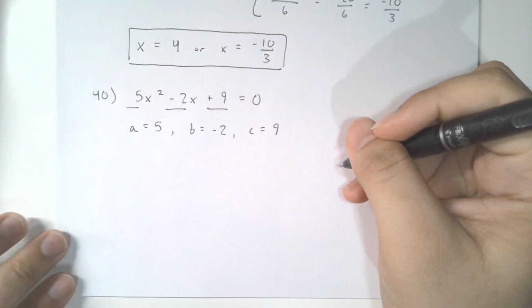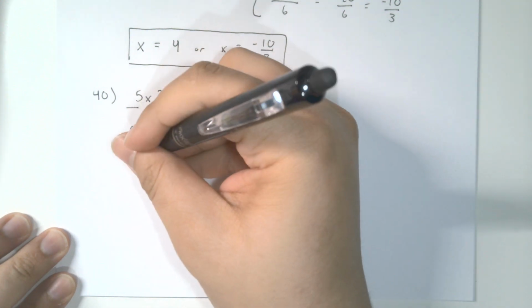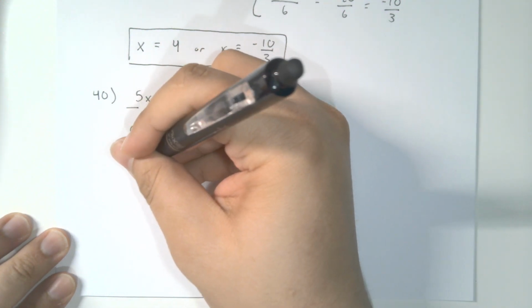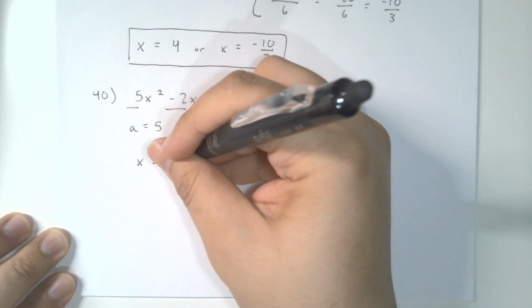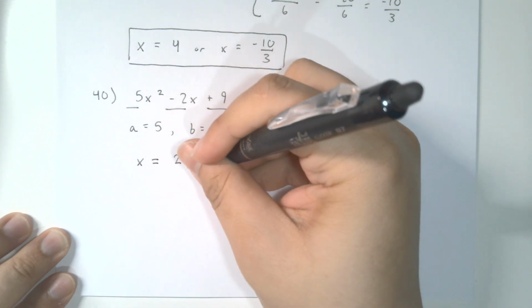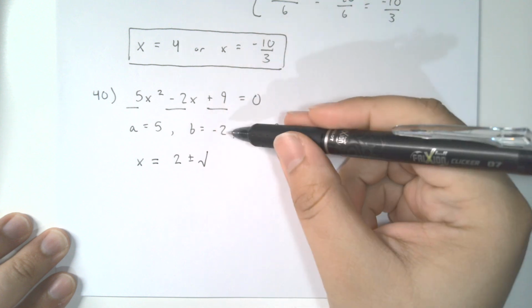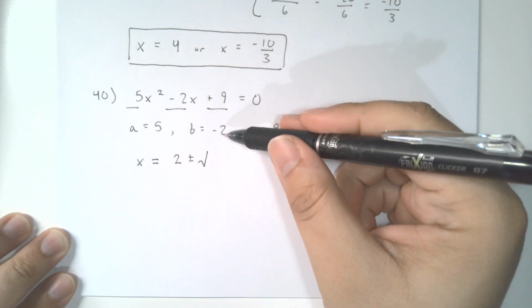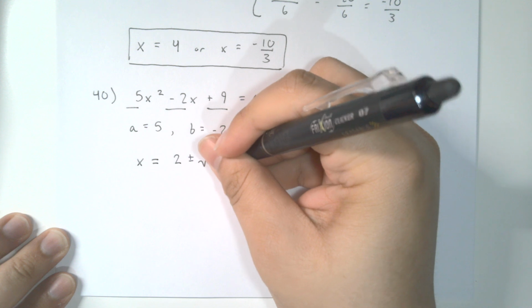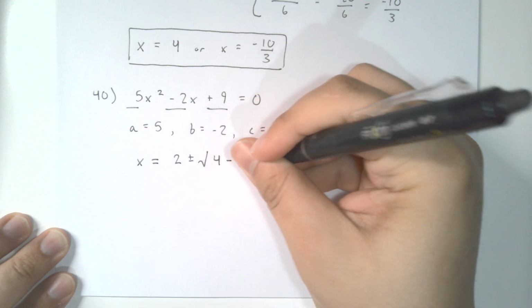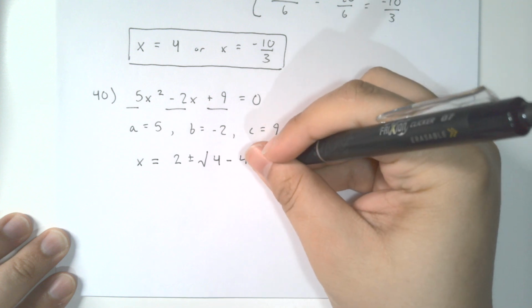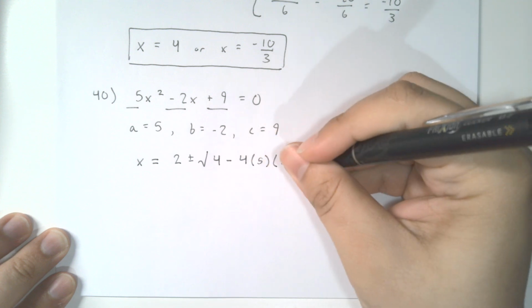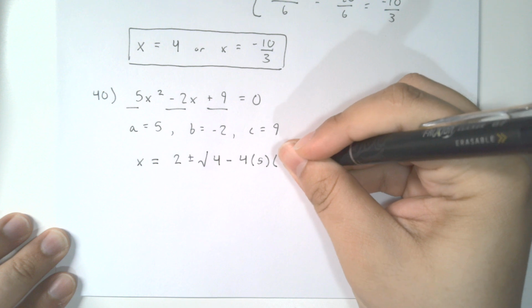So when we plug into our quadratic formula here, we have x is equal to negative b, so negative negative 2. It's going to be positive 2 plus or minus the square root of b squared, so negative 2 squared is going to be 4, minus 4 times a, which is 5, times c, which is 9.